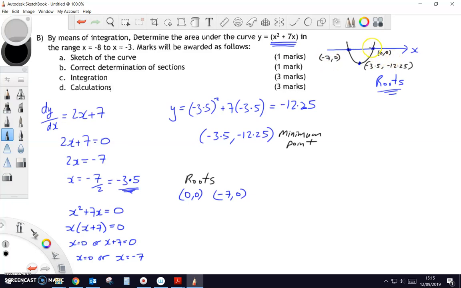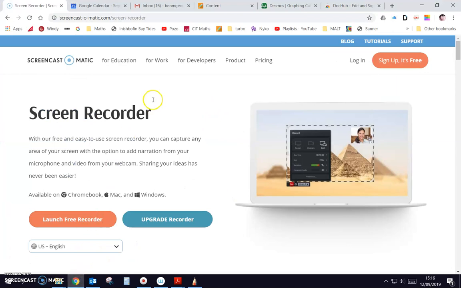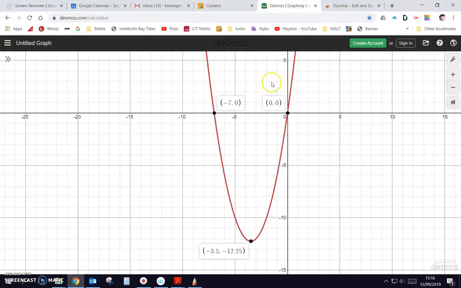Now you see that 0, 0 is the origin, so we know that the y-axis runs up there. You can put that in if you wanted. Right, that's the y-axis, and that's a sketch of our curve. I've already done it here, I can show it to you on Desmos. And that's it there on Desmos, which will run on any browser. You can do that on your phone.